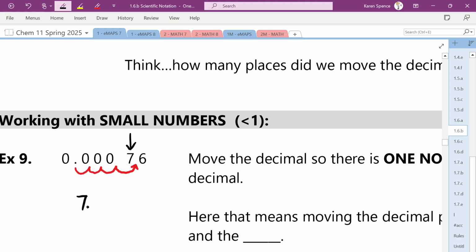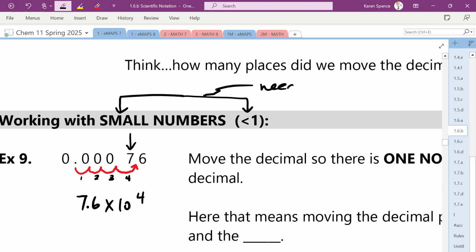So this is 7.6 times 10 to the, and we've moved it 1, 2, 3, 4 places. So it's going to be to the power of 4, but because this is a small number, small numbers less than 1, they need what kind of exponent? Negative exponent. So that would be times 10 to the negative 4.